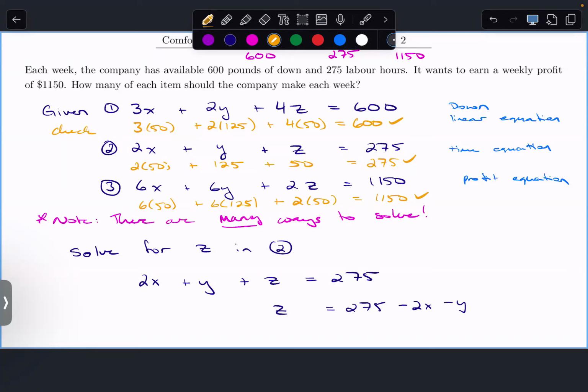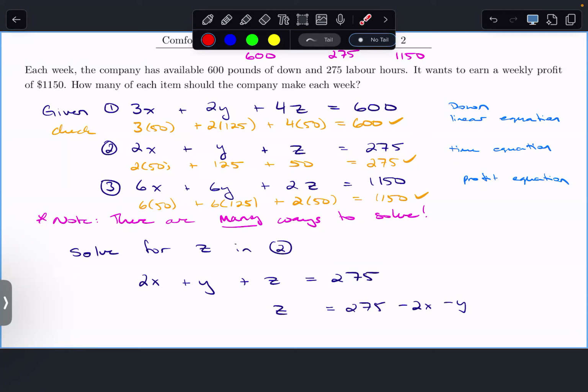It doesn't matter which one you grab, just grab the one. You can solve for any one of these as long as you plug it into the other two equations, right? You don't want to plug it back into itself because you're just going to loop onto yourself.